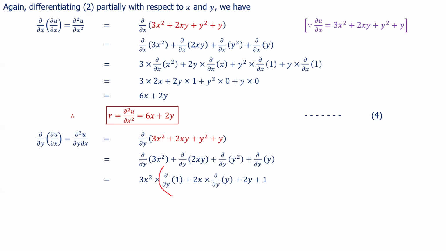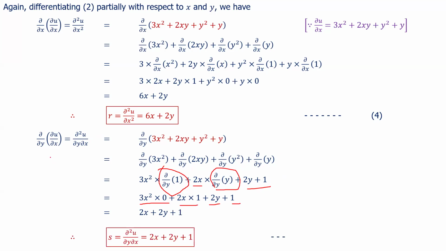Now the partial derivative of 1 will give 0. So 3x square into 0 plus 2x, the partial derivative of y is 1, plus 2y plus 1. If we simplify it, this becomes 2x plus 2y plus 1. So this is the second order partial derivative of u with respect to y and x, and it gives us 2x plus 2y plus 1 in this example.